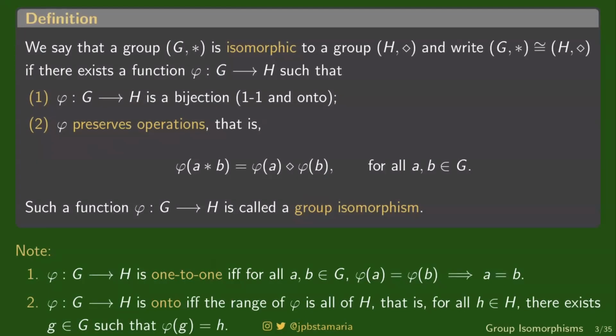Pero kapag gusto mong maging onto, kailangan lahat ng elements ng H nagagamit as images. Meaning to say, for every element little h of capital H, an element must come from capital G whose image is exactly h. Sabi, nagagamit lahat ng element ng H as an image of something coming from G.